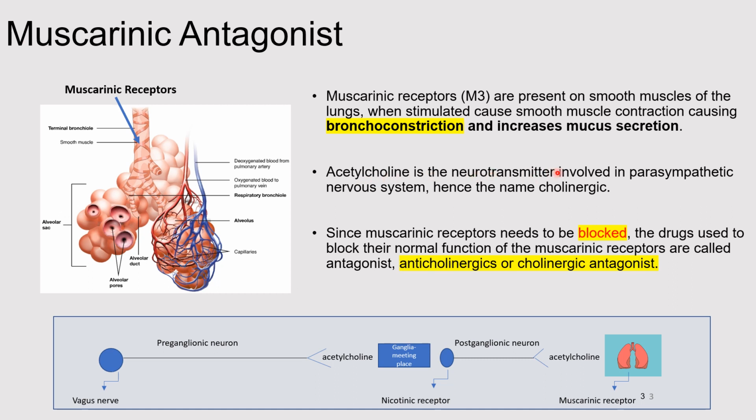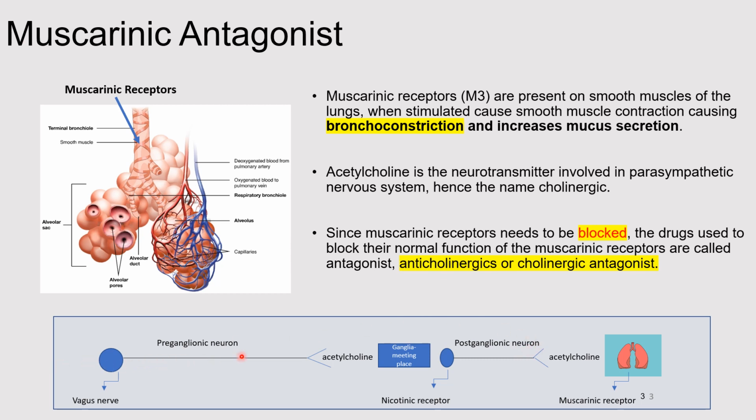What do I mean by that? Let's take a look at the picture here. This is the anatomy of the parasympathetic system. A ganglia is a place where nerve cell bodies meet together. The nerve before the ganglia is called the preganglionic neuron, and the neuron after the ganglia is the postganglionic neuron.